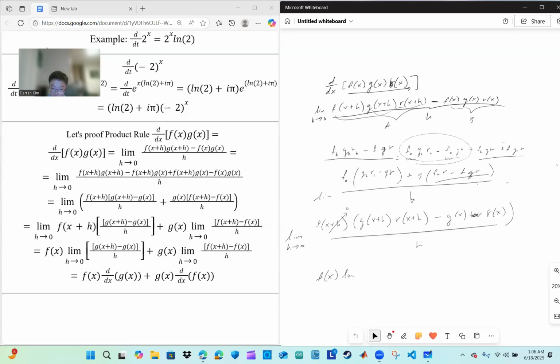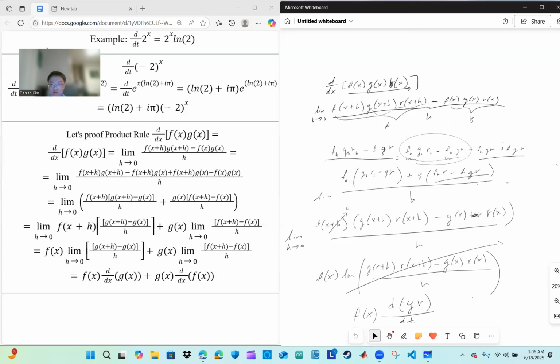So this is g(x+h) r(x+h) minus g(x) r(x) divided by h. That limit is a derivative. So we know that this derivative is d(g r)/dx, that's a partial, right? So f(x).